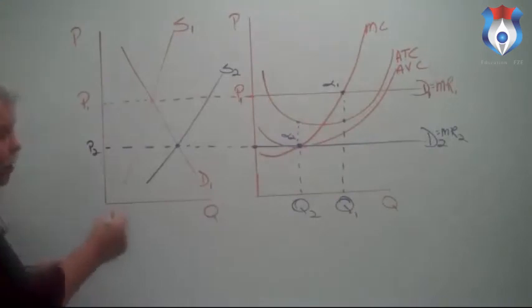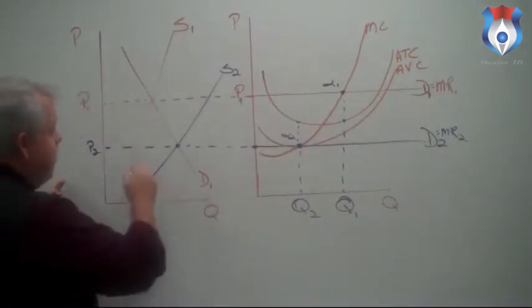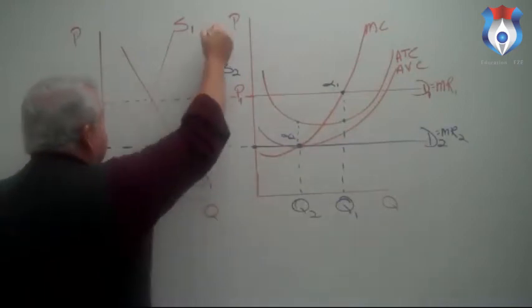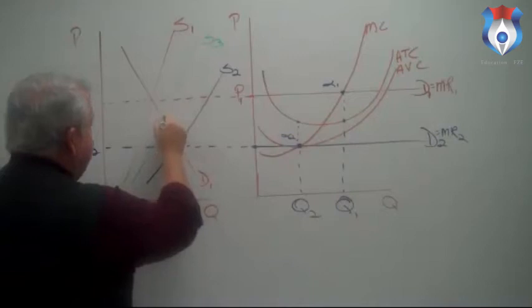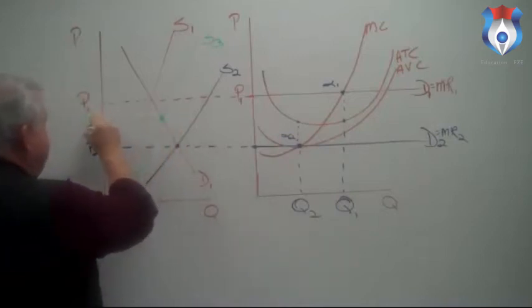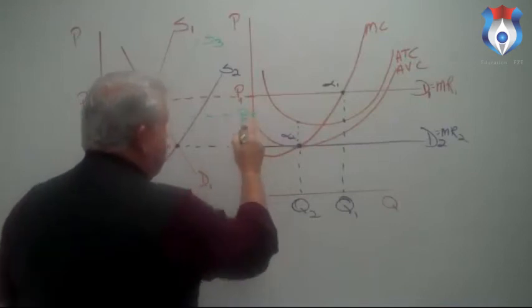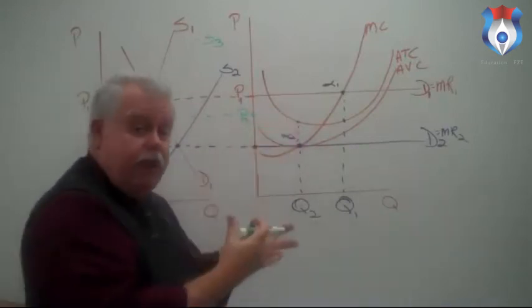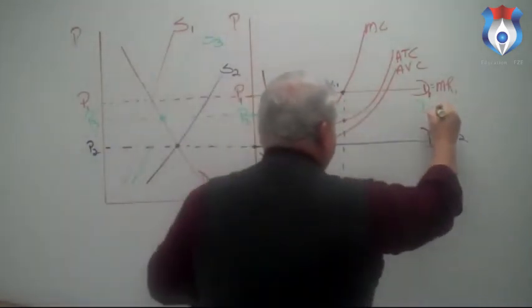And the answer is, well, when some sellers go out of business, then we're going to have a decrease in supply, let's say to S3, which is going to raise the market price to P3, which translates over here to P3, which means for the companies that stayed in business, they're now looking at this demand curve number 3.